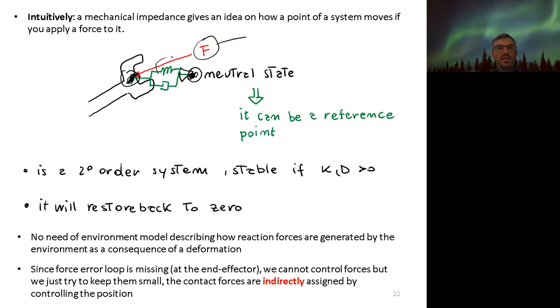Think about the fact that we are talking about the end effector. We are not closing the force loop at the end effector, but in general, implementations of impedance control always use a torque loop.